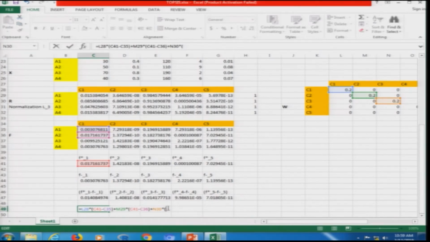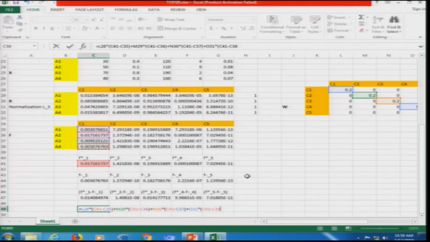So, this would be max minus the third cell, bracket closed, plus the fourth weight W4 multiplied by the max minus the fourth cell.